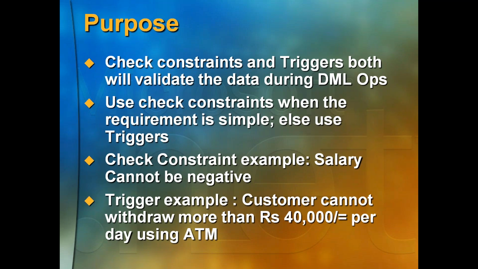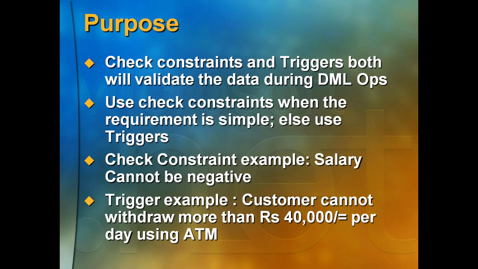So even though triggers can do small operations or simple validations, we never use triggers for simple validations. It is better to use a check constraint. Salary cannot be negative. A trigger can also do this validation, but if you implement it that way, it is slow. Clear?